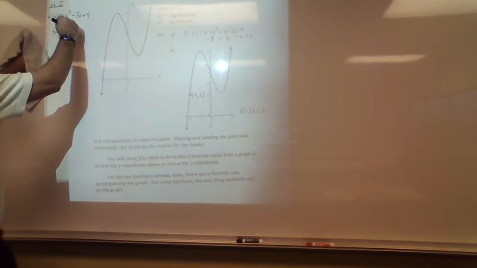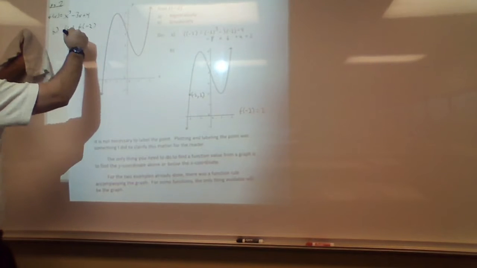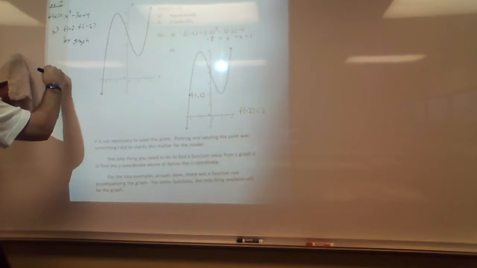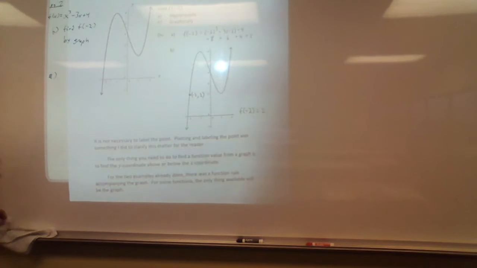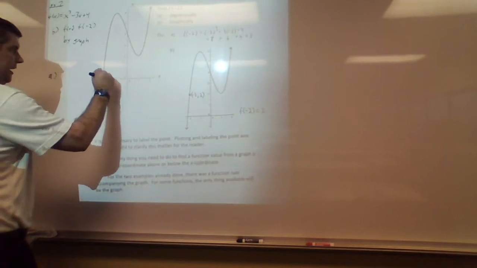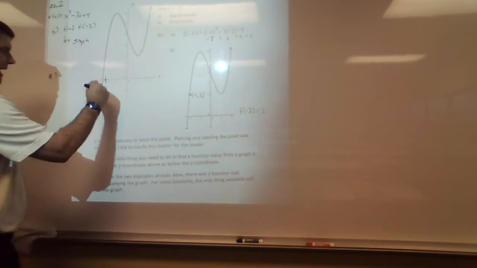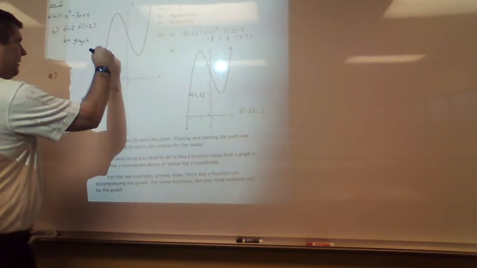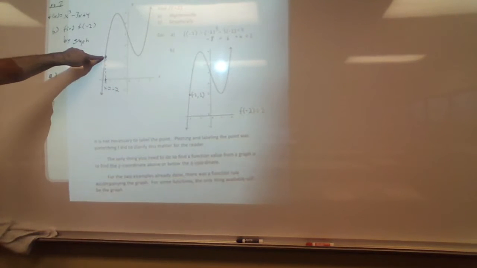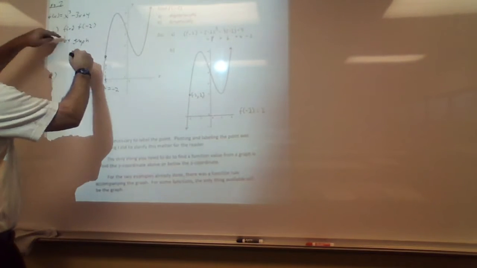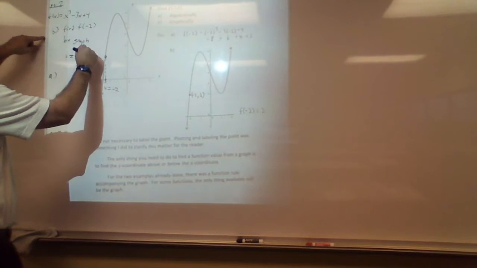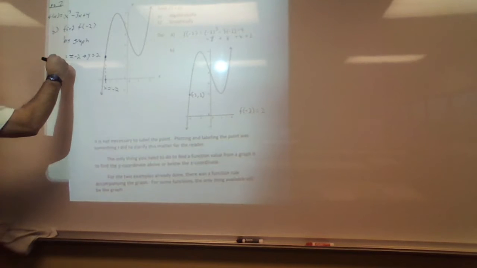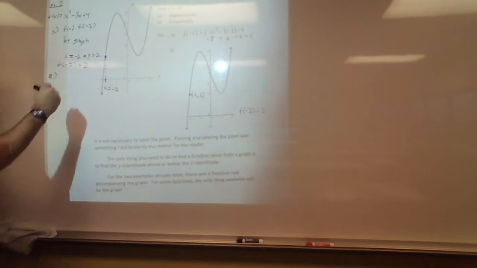B. Find f of -2 by graph. Then I'll do A. So here's where x equals -2 is right here. I'm going to go up and I'll meet the graph and it looks like the y coordinate is 2. X equals -2, y equals 2. So f of -2 is 2.